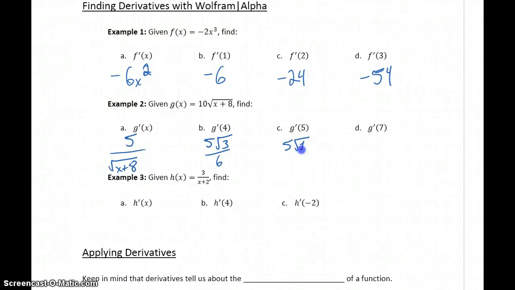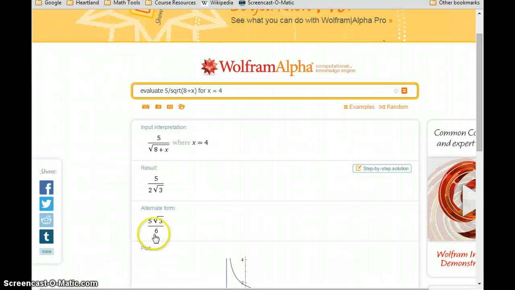So 5 over root 13, or 5 times root 13 over 13, is what we'll get if we evaluate that at x equals 5. And evaluating at x equals 7 should give us root 15 over 3. Again, in each of those examples, what I've provided is that alternate form where the denominator has been rationalized, but both of these answers are accurate.